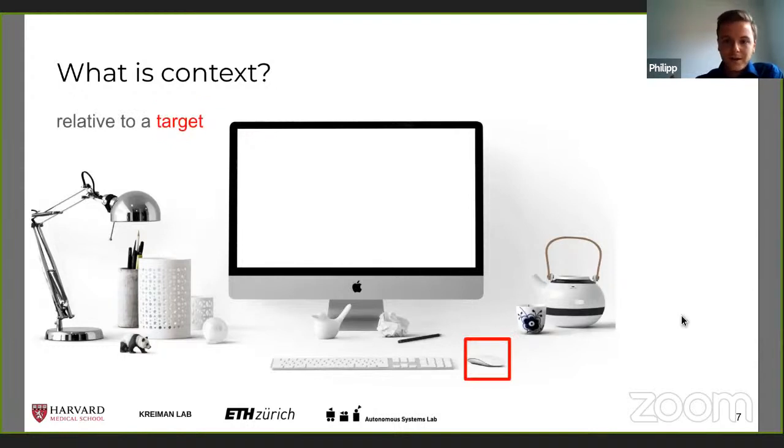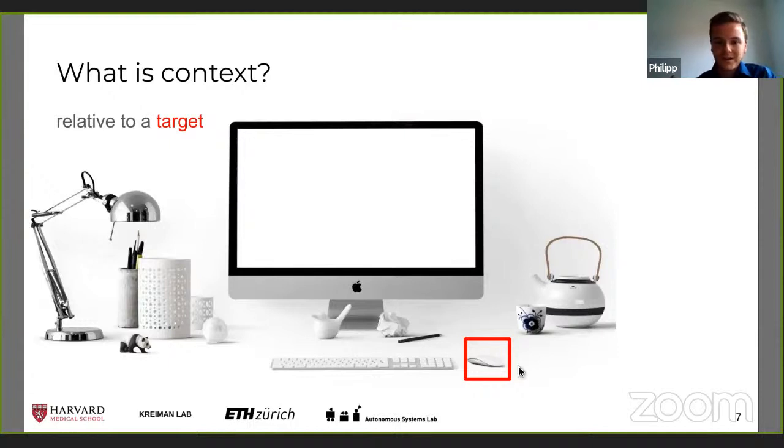So in the image right here, we could take the computer mouse as our target object, and then we would count all the rest of the scene, including all of those other objects, as the context. And you see that we could, of course, just as well define the keyboard as the target object, and then the computer mouse would be part of the context. So this is a very simple but yet useful way to establish what is what.